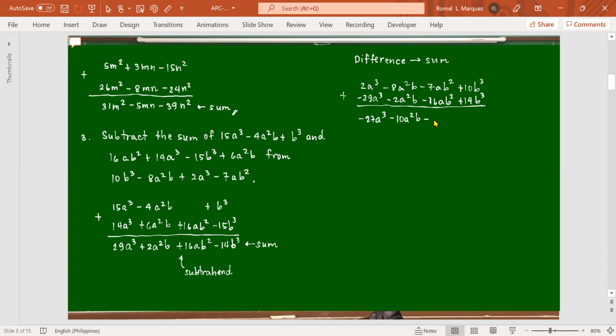Negative 7, negative 16, that is negative 23. Copy ab squared. And finally, the last term, 10 plus 14, 24b cubed. Okay, guys? Get it now, guys? Do you still have questions about this?